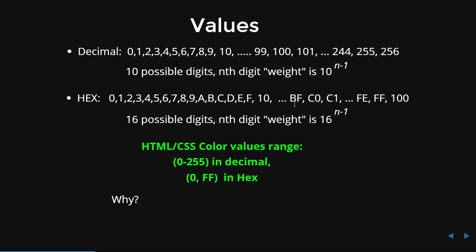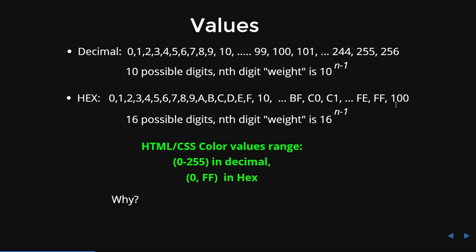What comes after BF? F is already the highest digit in hex, so we bump F up to 0 and B up to C. Therefore, after BF comes C0, C1, etc., until we get to FF. What comes after FF? 1, 0, 0. 0 in the 1's place, 0 in the 16's place, and a 1 in the 256 place.